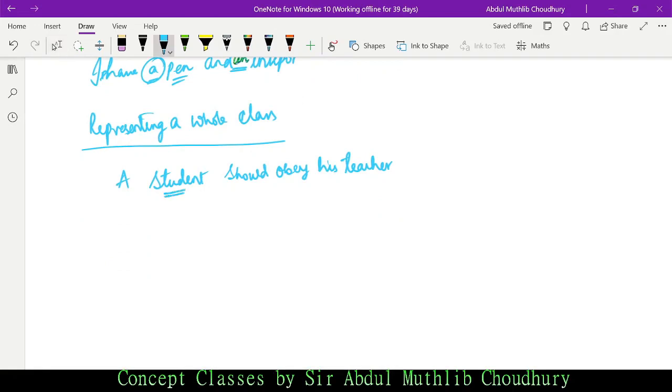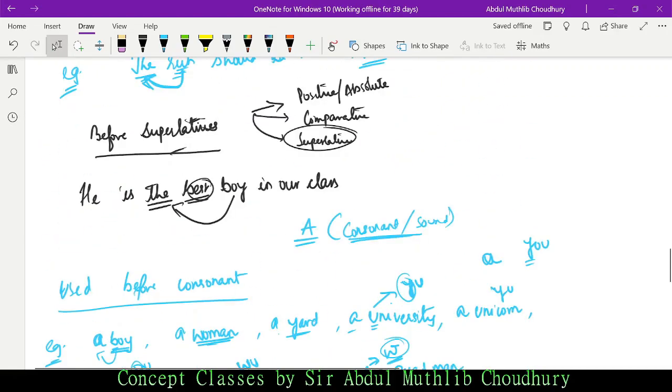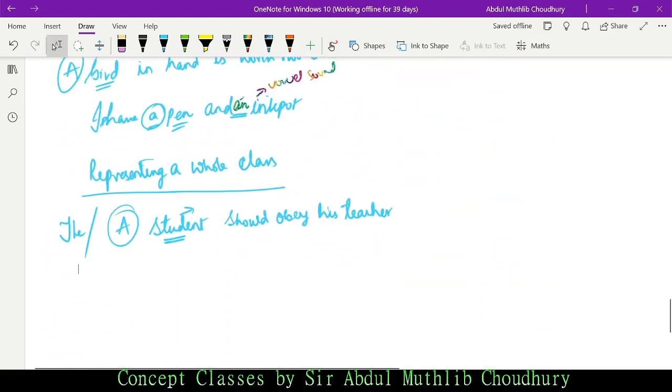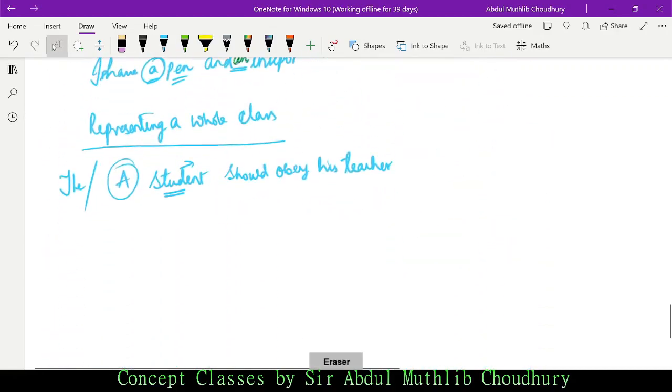A student is a singular noun, thus we use a, and we cannot use the. Remember, we use the when it is representing something unique.